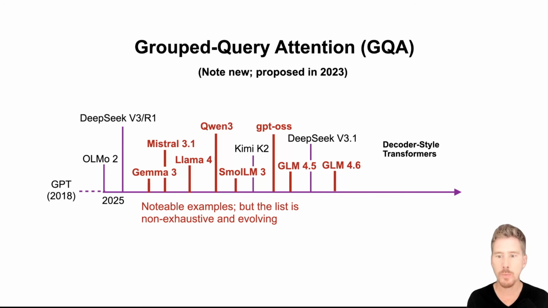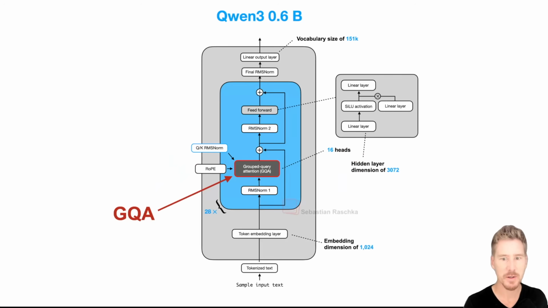So it's nothing new, but it's a very popular trick. Here on this slide, there are a few models, though this is not an exhaustive list, using grouped query attention from Gemma 3 to GLM 4.6. Grouped query attention is not the focus of this talk, but it's a mild, slow introduction to some other variants later.